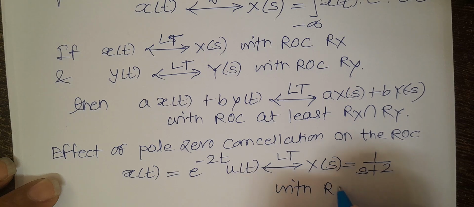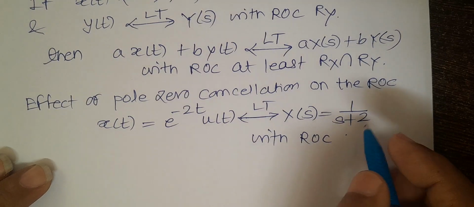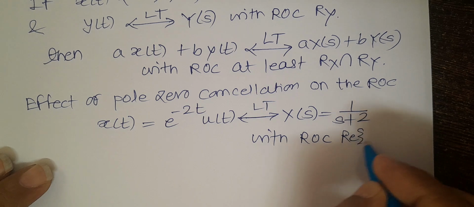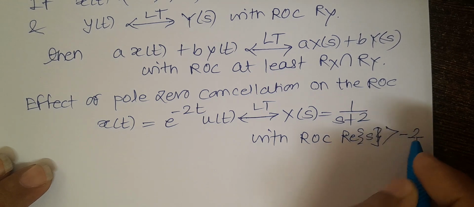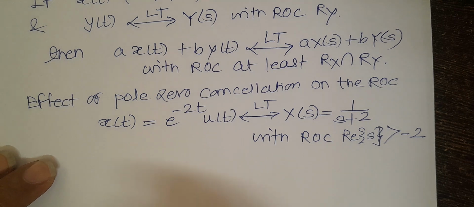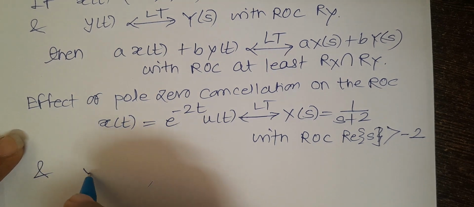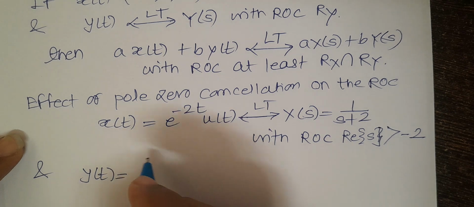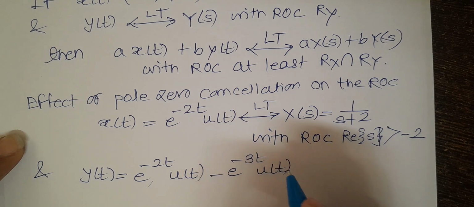with ROC real part of s greater than minus 2. Now second, suppose y of t is equal to e raised to power minus 2t into u of t minus e raised to power minus 3t into u of t.